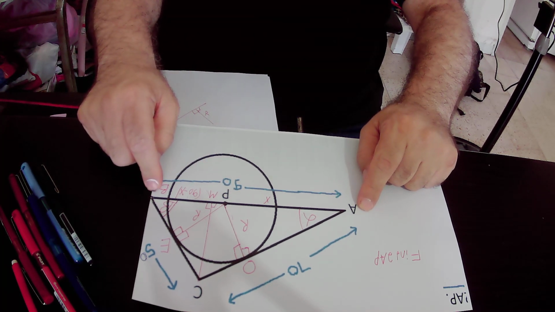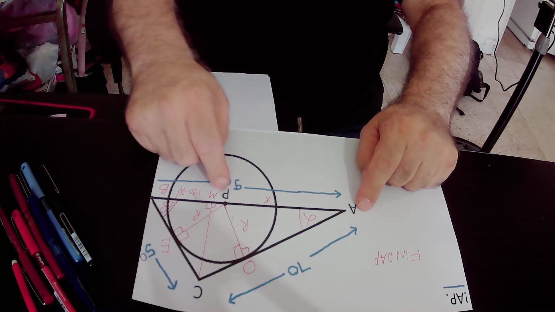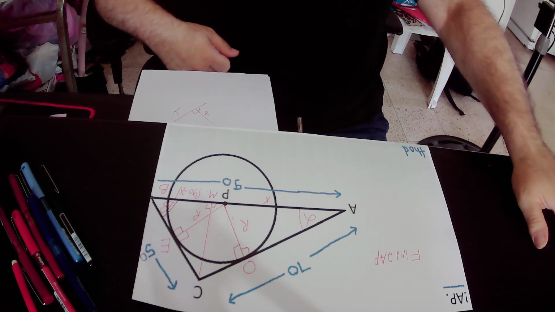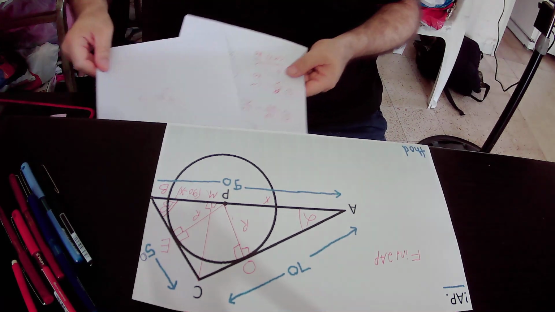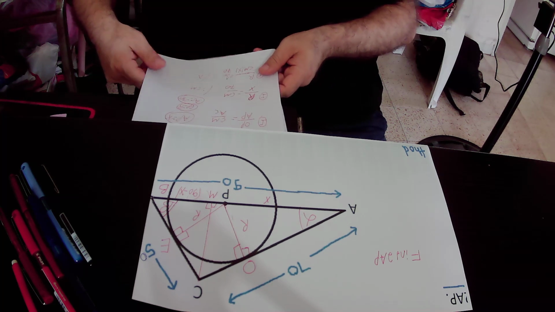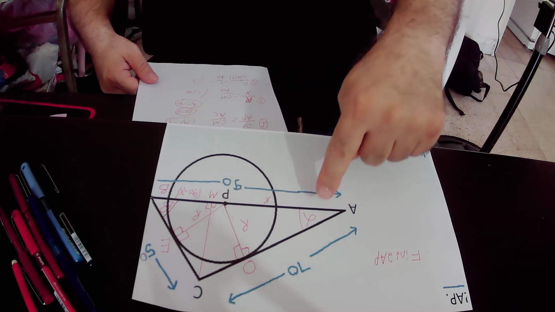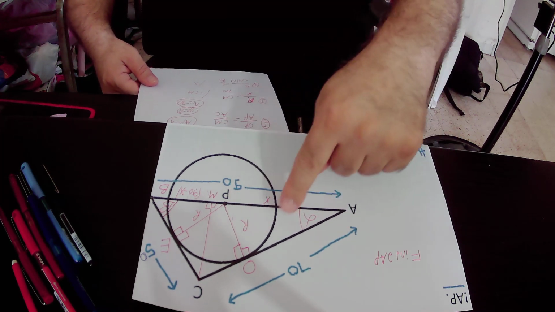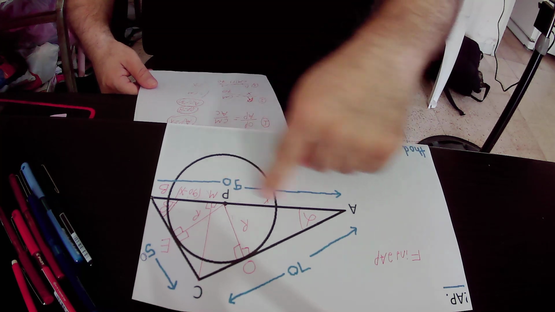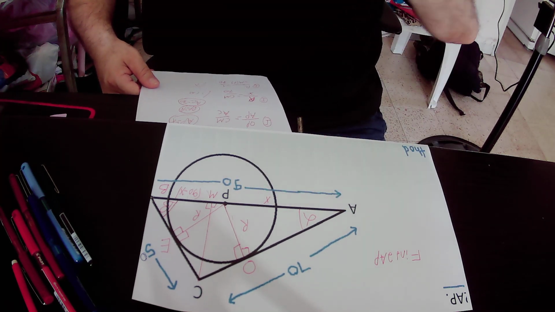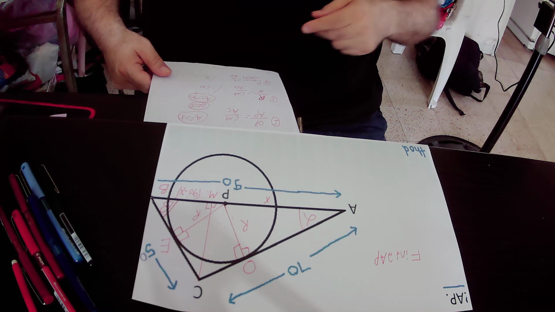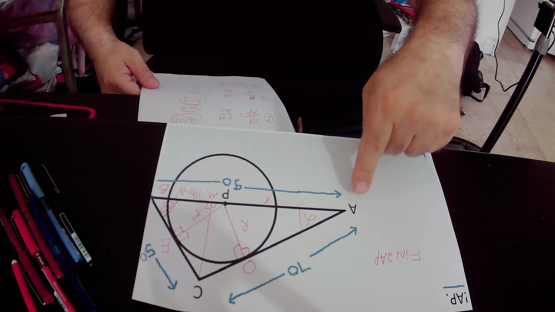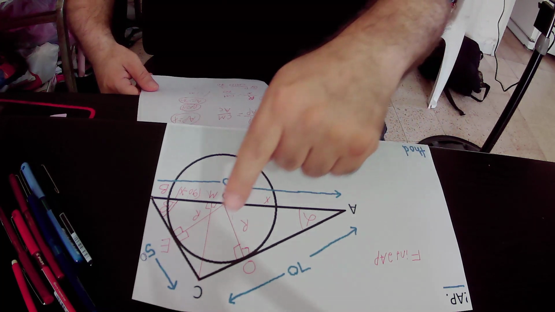AB is 90 units and AP is X. So PB will be equal to 90 minus X. And if we look at the right triangle AOP, sine alpha equals OP over AP, and if we look at right triangle ACM, sine alpha equals CM over AC.